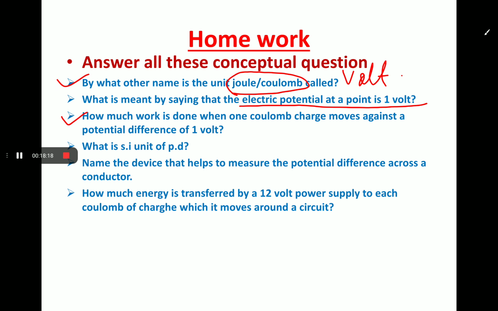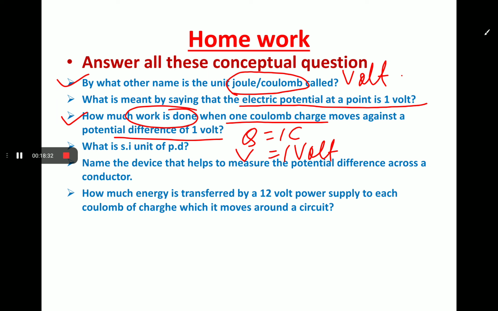Now, how much work is done when 1 coulomb of charge, that is Q is equal to 1 coulomb, moves against a potential difference of 1 volt. V is equal to 1 volt. So again you have to find how much work. You know that the formula is potential is equal to work done by charge. You have to use this formula and you will calculate work done. And you have to put the SI unit for work done.